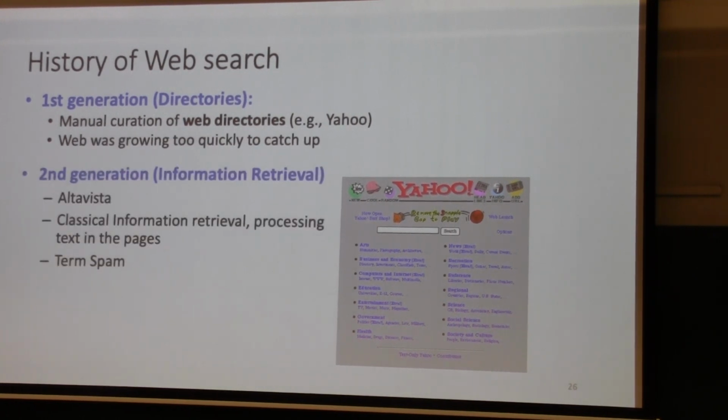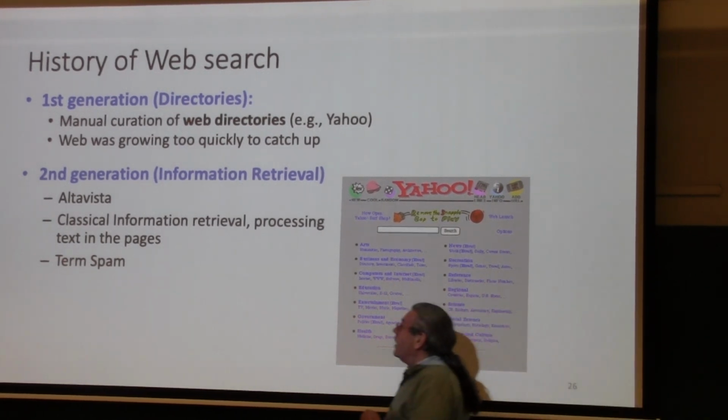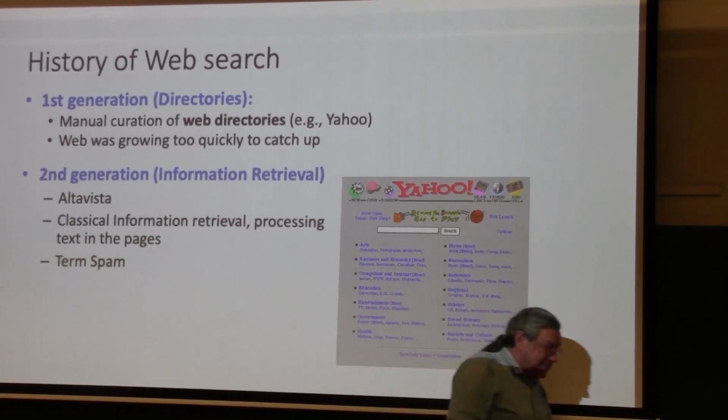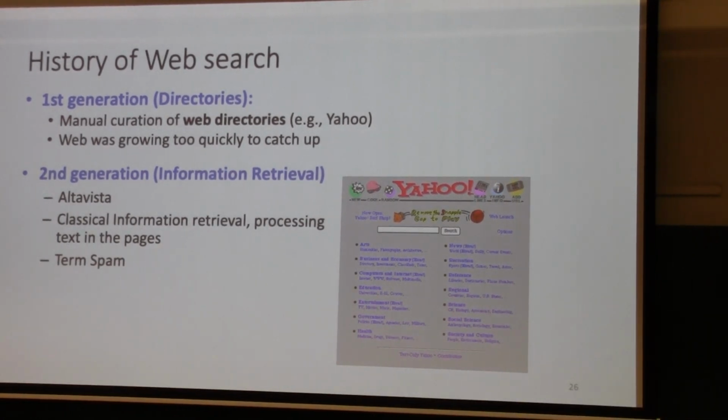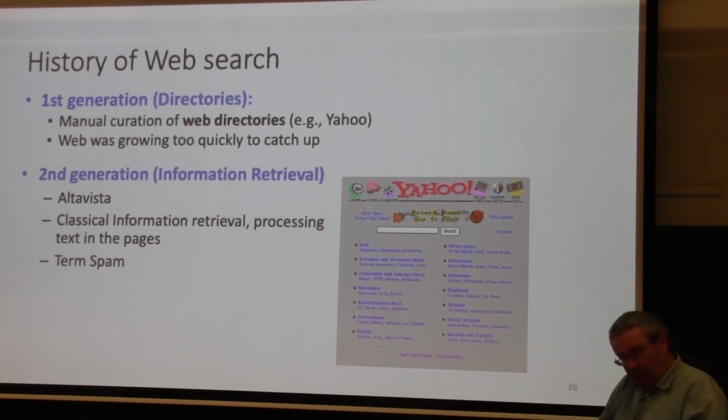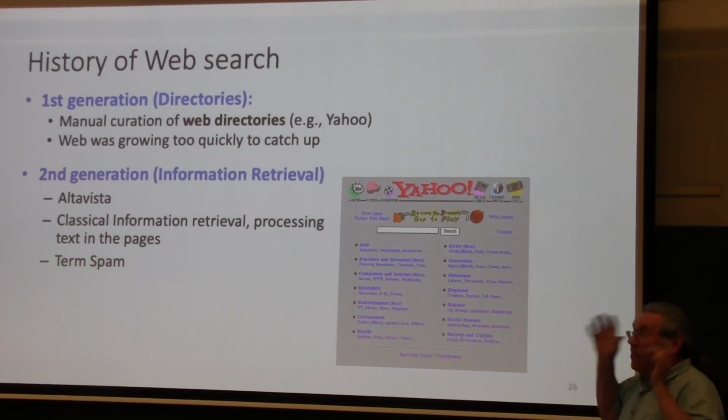So now we have the second generation, and there was a very nice one called Alta Vista, which you have probably never used, which I used. And this was classical information retrieval. So basically they look at the text in the pages. If there's lots of words on astronomy, then it's astronomy, okay?